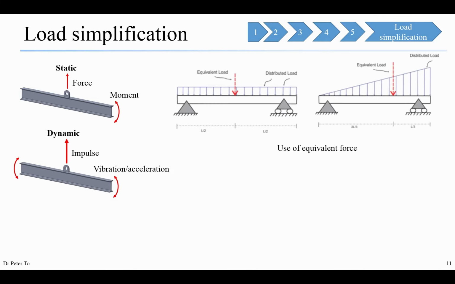We assume a linear interpolation, so we have u(x) = N1 u1 + N2 u2, which equals the matrix N times the vector u. Similarly, we have x = N times the vector x, where x is the position and the vector x contains the nodal positions.